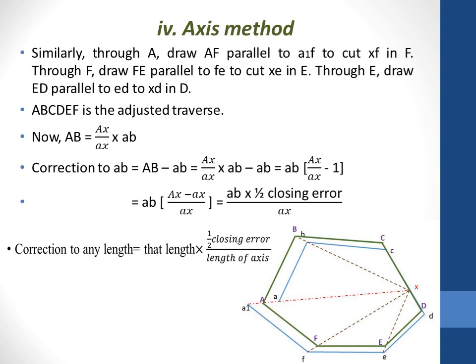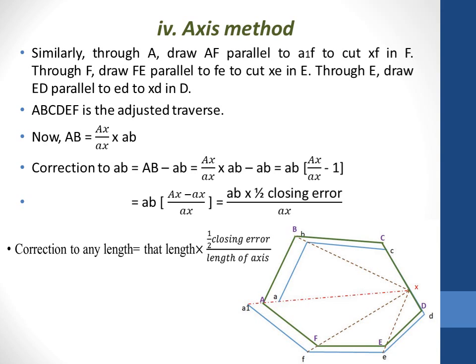Now you are going to substitute the value for capital AB from the above equation, AB equals AX by small ax into ab. That has been substituted here, minus ab, and we are taking the small ab outside the brackets: ab into capital AX by small ax minus 1.